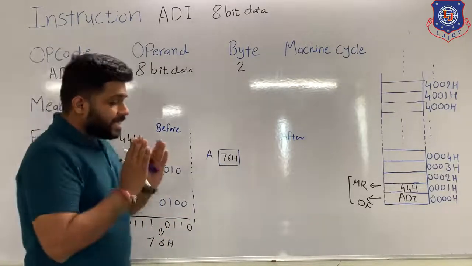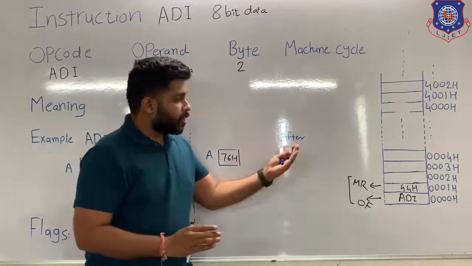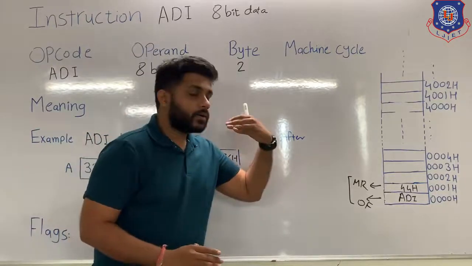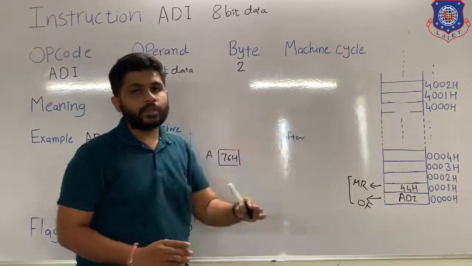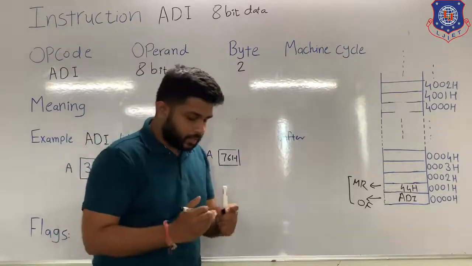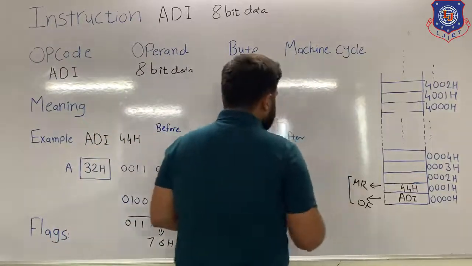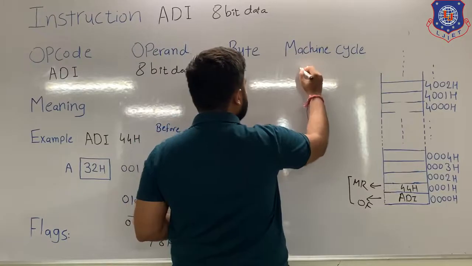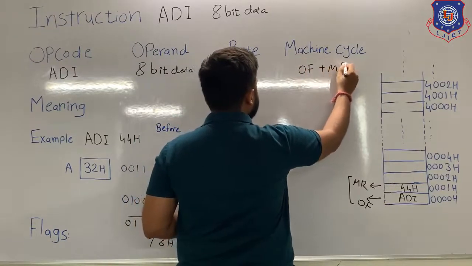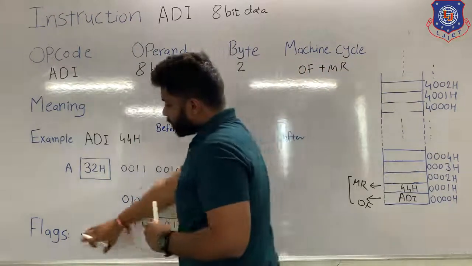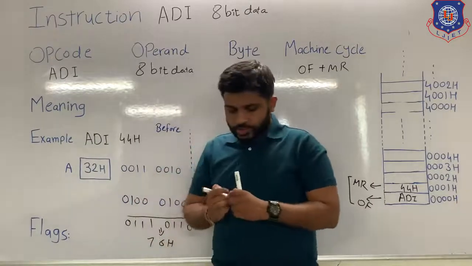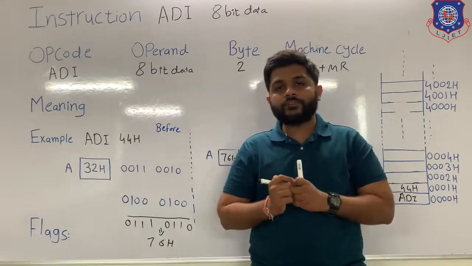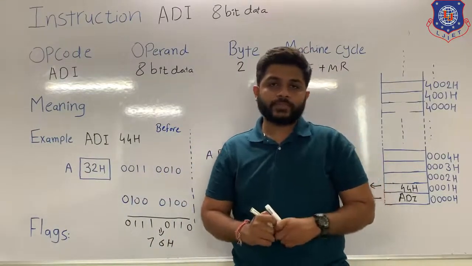In the execution process, the microprocessor is not reading any data from or to the memory. So for this instruction, only 2 machine cycles are required, that is opcode fetch plus memory read. What will be the status of flags? When this instruction is executed, all the flags will be affected according to the result.